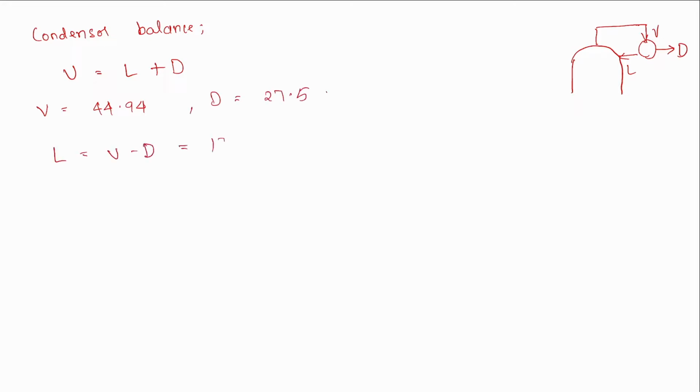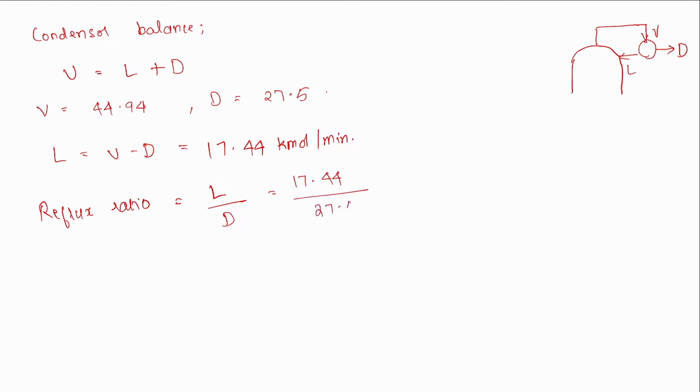So we can have L equal to V minus D, which is 17.44 kilomole per minute. So the reflux ratio R is equal to L by D, which is 17.44 by 27.5, and we get our answer approximately as 0.63. The range can vary from 0.61 to 0.65 for the right answer.